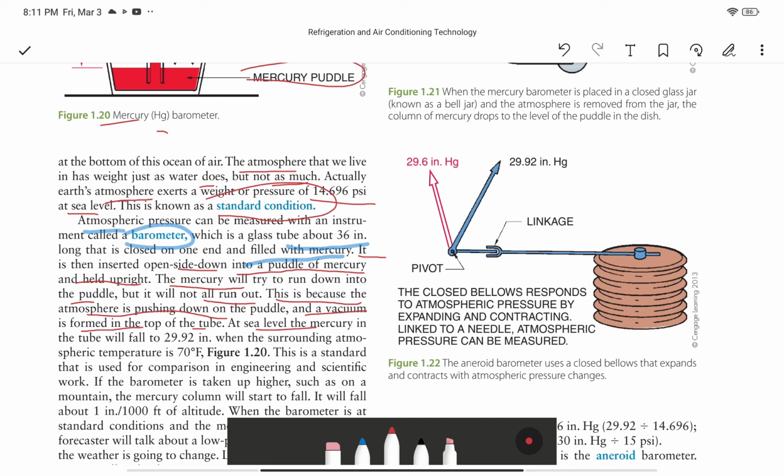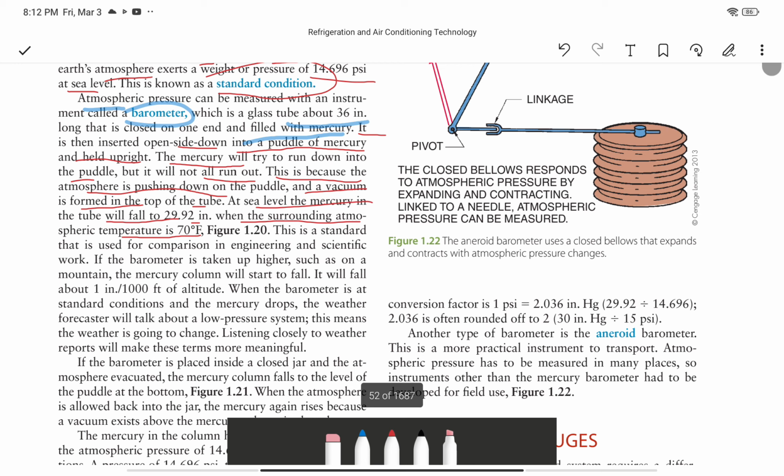At sea level, the mercury tube fills to 29.92 inches when the surrounding atmospheric temperature is 70 degrees Fahrenheit. So we have already discussed the figure 1.20.